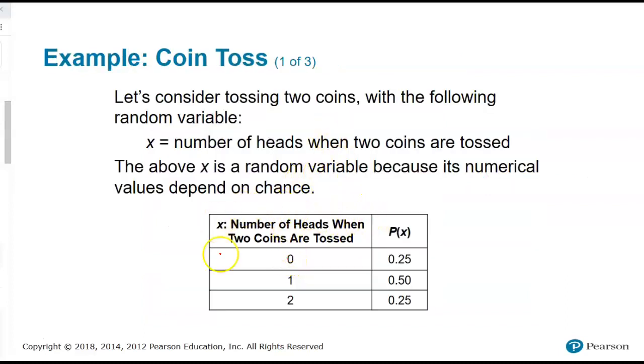Okay, so this is an example of a probability distribution that you might see represented as a table. This one we're tossing 2 coins, and the random variable is defined to be the number of heads when 2 coins are tossed. This one's discrete because we're able to list the possible number of heads. If we're tossing a coin twice, we might get 0 heads, 1 head, or 2 heads.